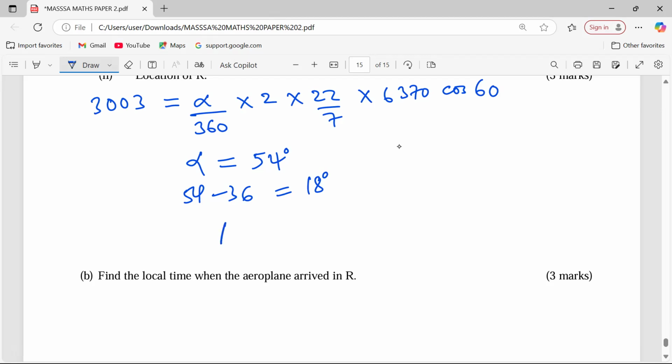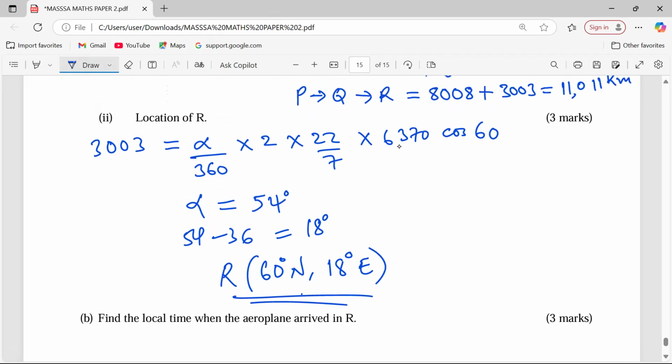So that R is given by, we usually start with the latitude, 60 degrees in the north, 18 degrees in the east. Go to the east now. Here we've gone to the east. See? Yeah, 18 degrees in the east.